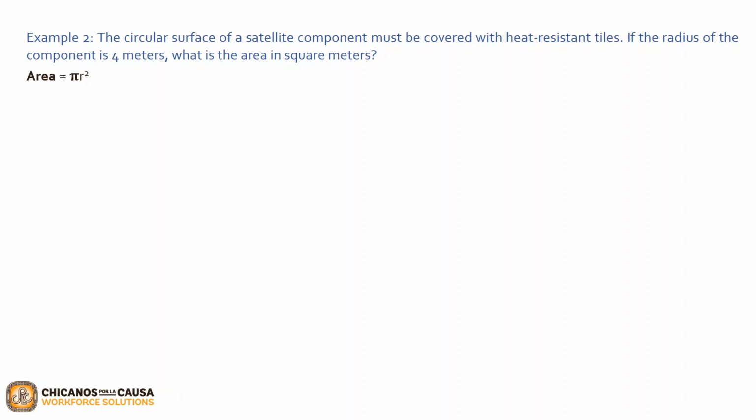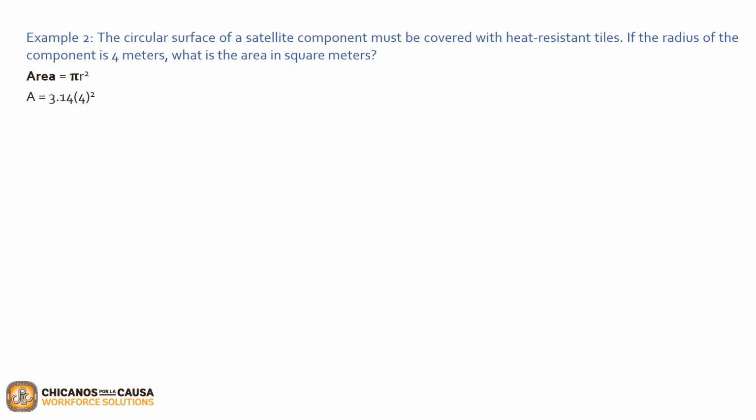We were given the radius, which is 4 meters. So now we're going to replace our variables with the values given. Pi is 3.14 and the radius is 4 meters. So our equation is 3.14 times 4 to the second power.